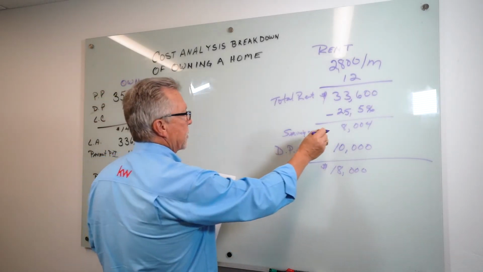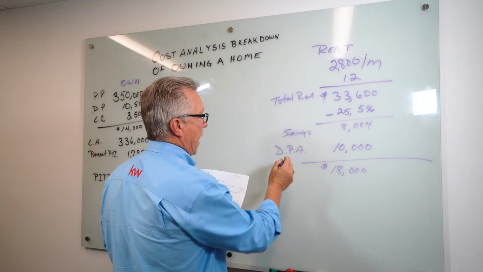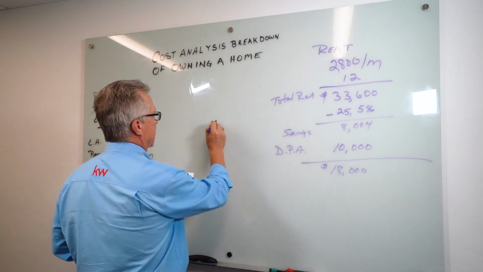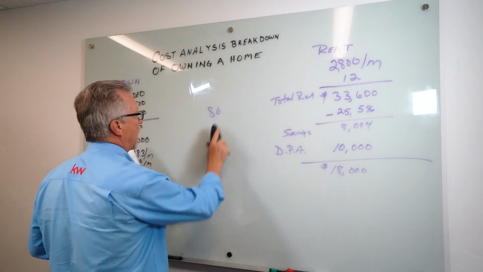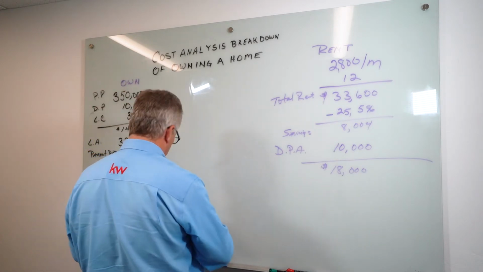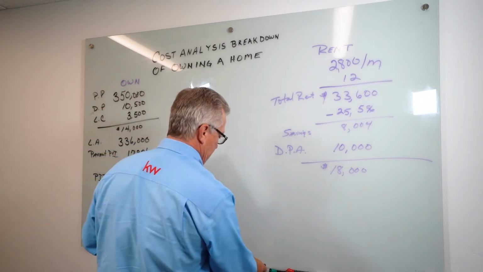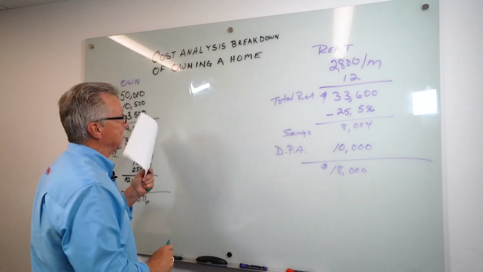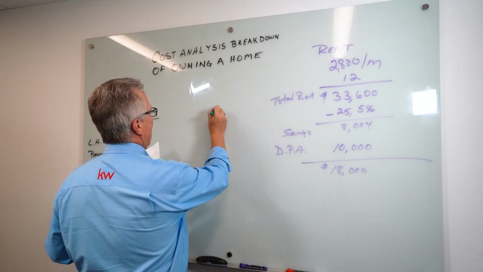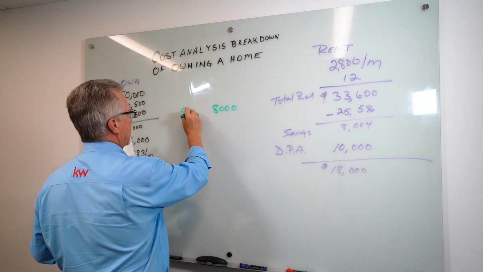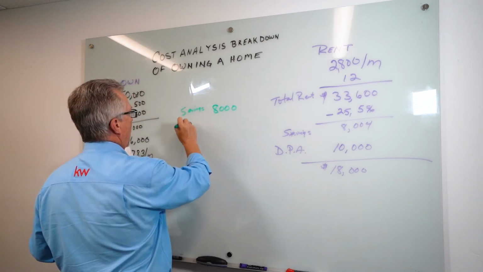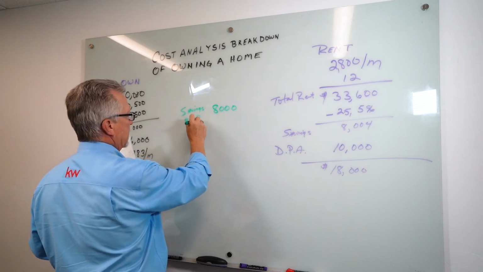How does all this come together? Well, if you're saving $8,000 and you get down payment assistance, so we have the $8,000. Let me change the color because this is super important. Let's go to green because that's about the money. We have $8,000 worth of savings, own versus rent.